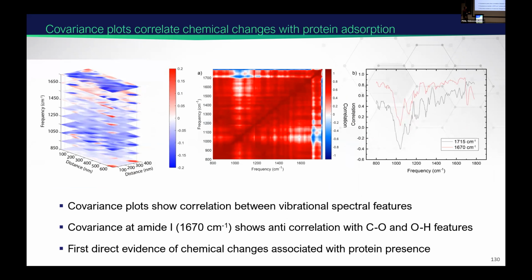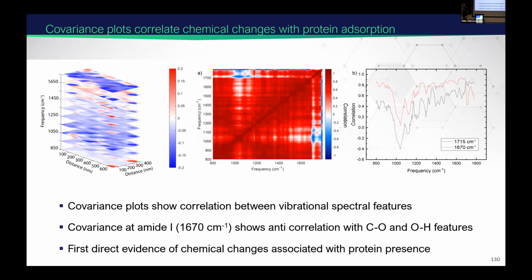So what this can give us is actually a hyperspectral data set. We have images at each spectral frequency, and this can be stacked in this 3D array. At 1650, that's our protein. So we see a positive contribution, the increase in protein adsorption at 1650, and there's a little bit of heterogeneity there.